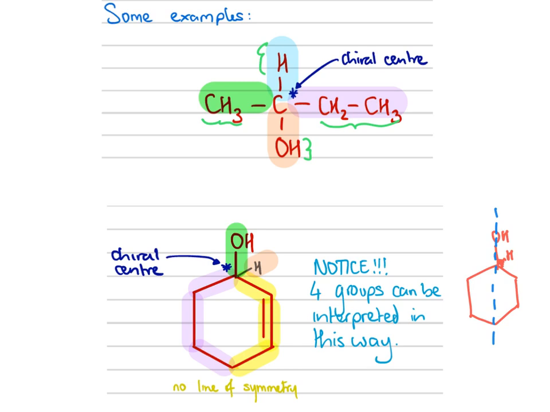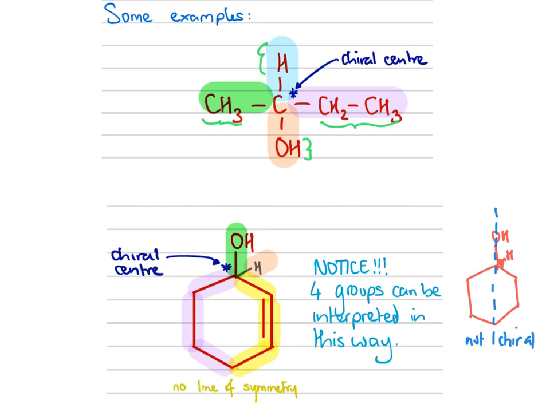So it would be a plane. There would be a plane that went through the OH, through the H, and then went through the center of that cyclohexane structure there. Okay, so that has a line of symmetry. So it's not a chiral compound. Okay, so I hope that has helped.